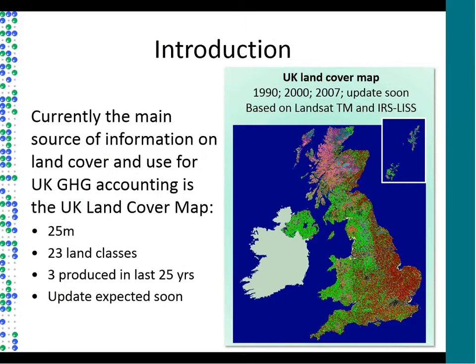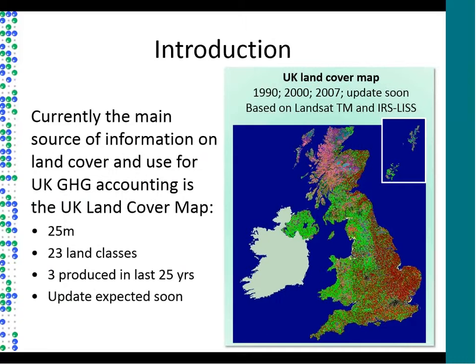Well, at the moment for the UK, one of the main sources of information on land cover and use for greenhouse gas accounting is the UK land cover map. This map is mainly based on Landsat Thematic Mapper imagery. The good thing about this map is that it has 25 meter pixel resolution, and so it provides information about land cover at a relatively high spatial resolution.